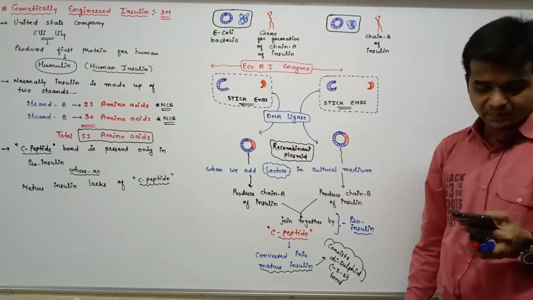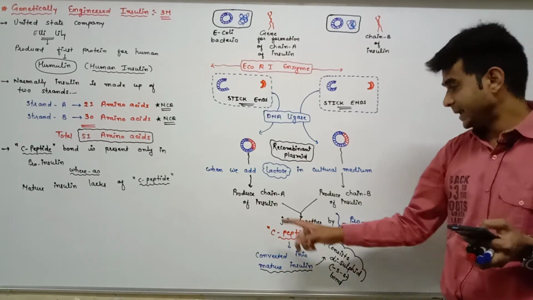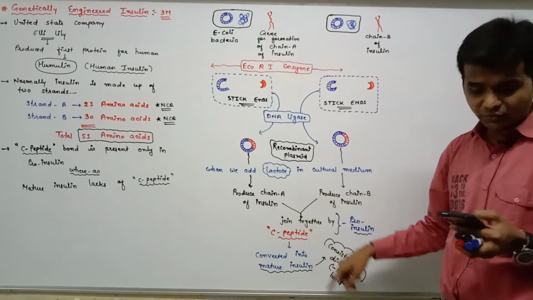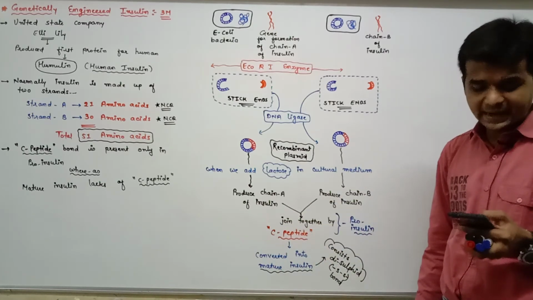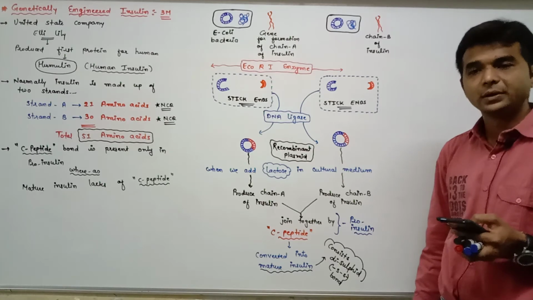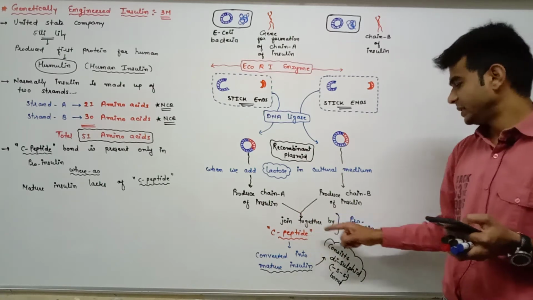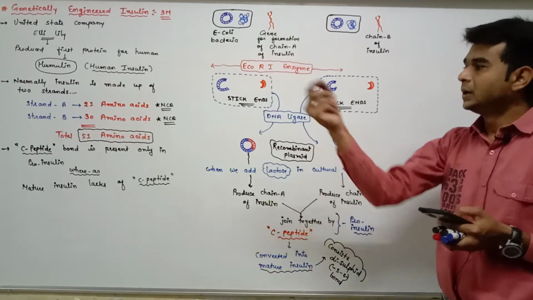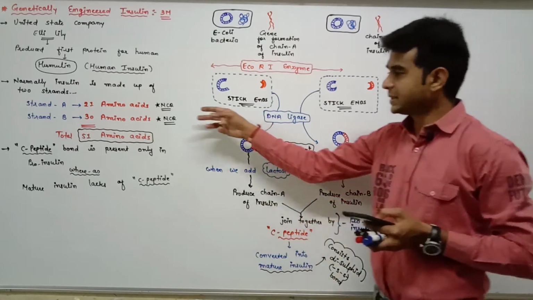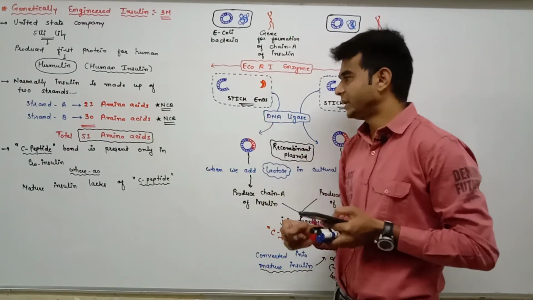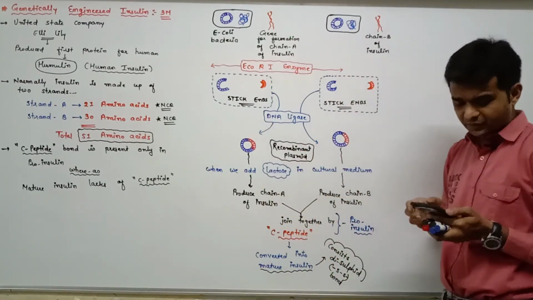Chain A and chain B were produced separately, then joined together by disulfide bond, and in this way mature insulin is created. Okay, so this is not given there. Fine. Most important for MCQ.